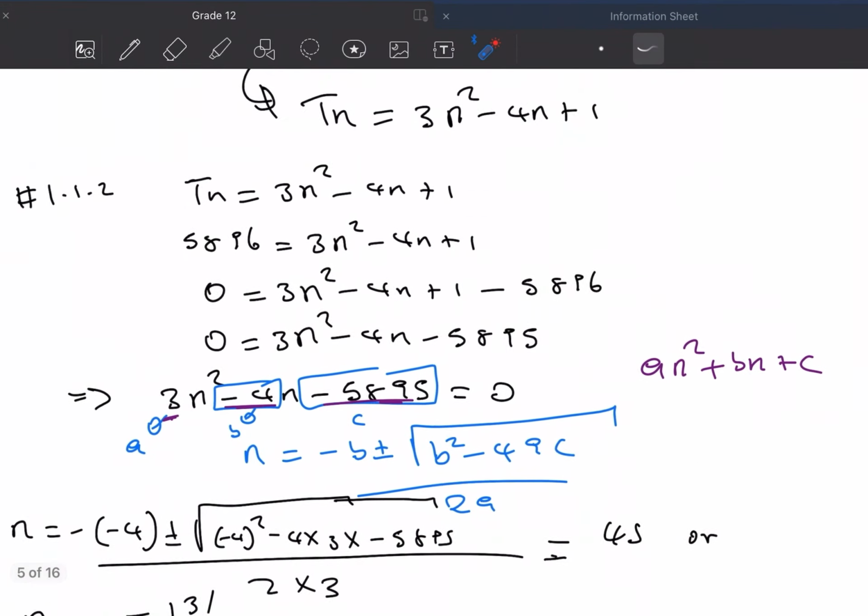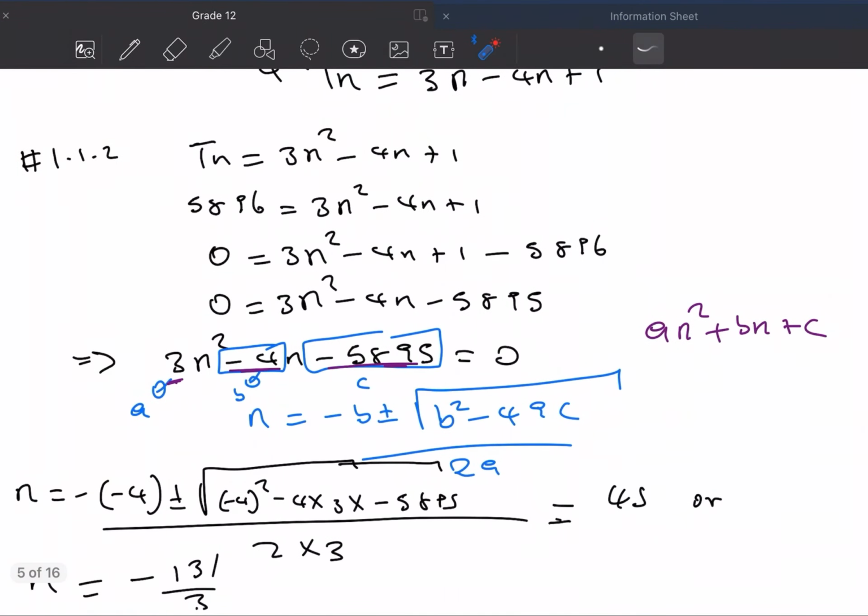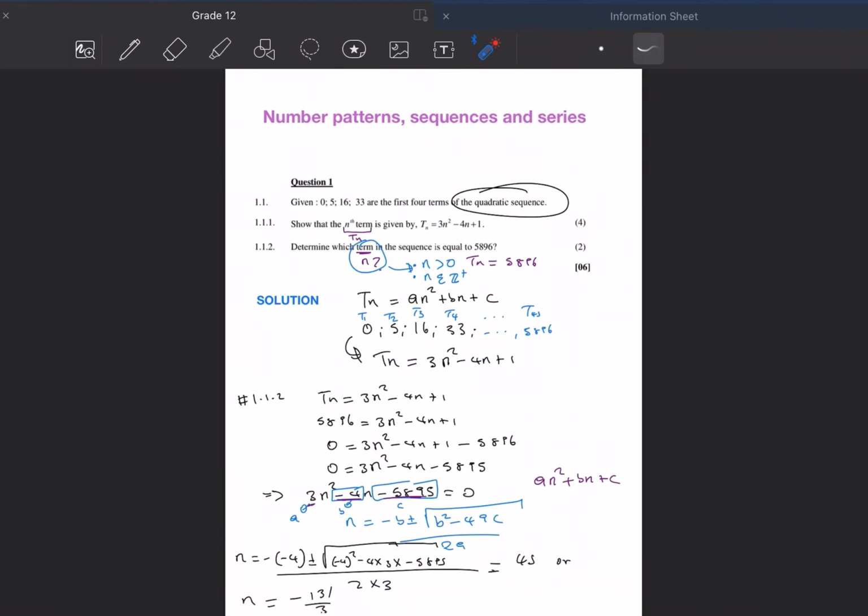Not too bad. If you indicate this is your right answer, and then for substituting and doing your algebra, you get your 2 marks. Yeah, so this is it for question 1.